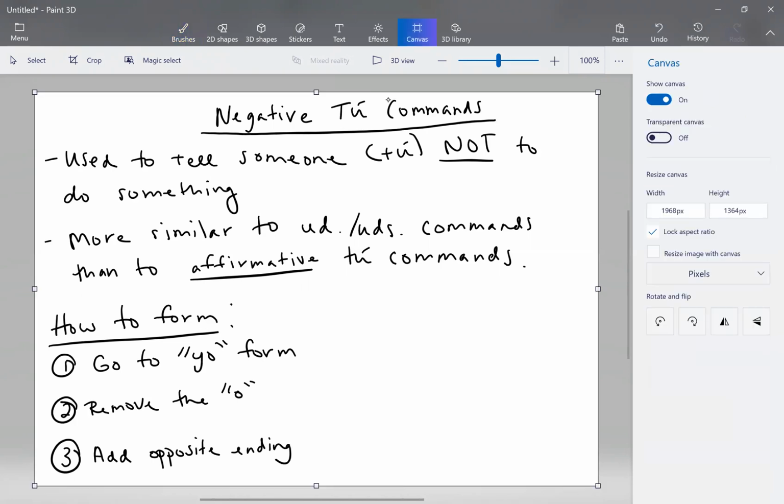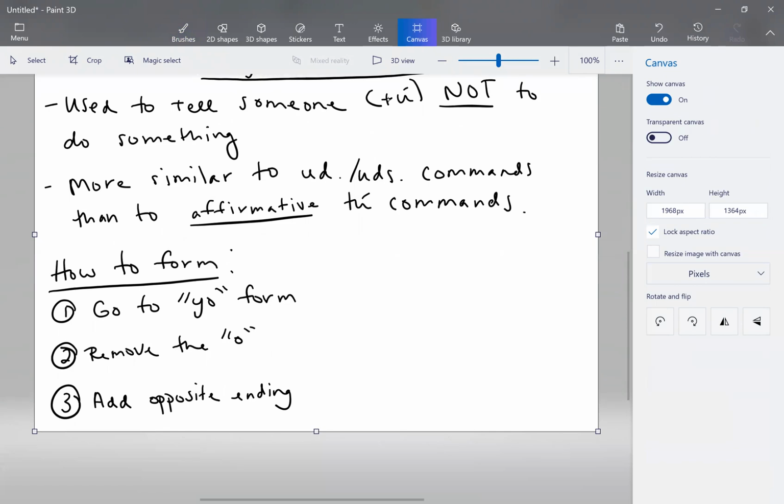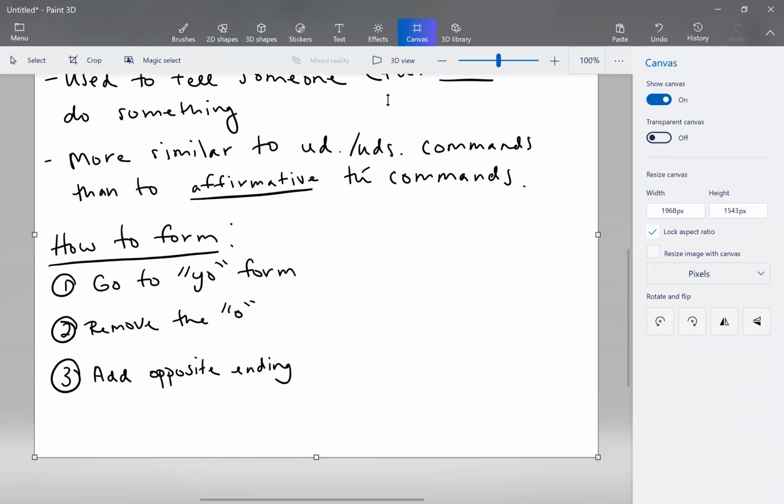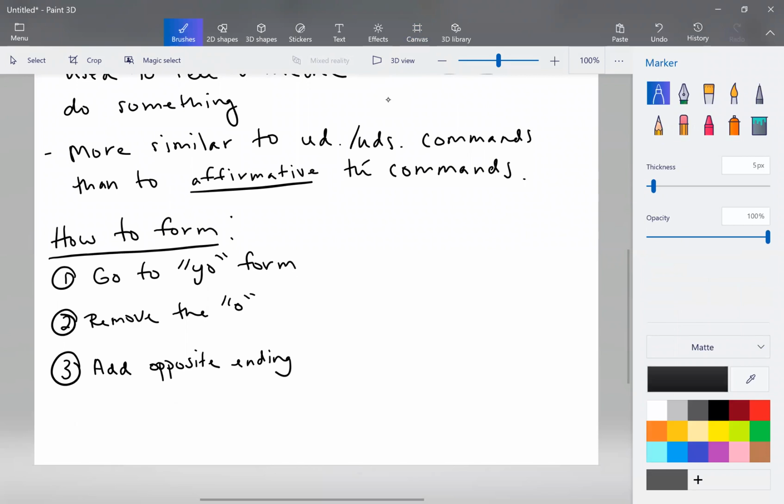Now these are tú commands, negative tú commands. So our endings are going to be either this or that. What do we think our ending might be for AR verbs? ER, IR. So we had the O. So let's do comer, because that one's really easy.